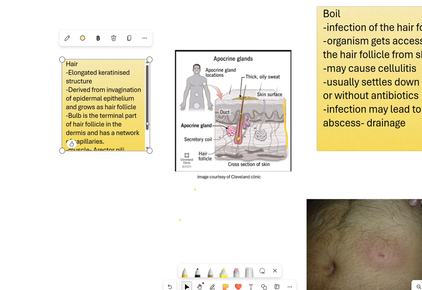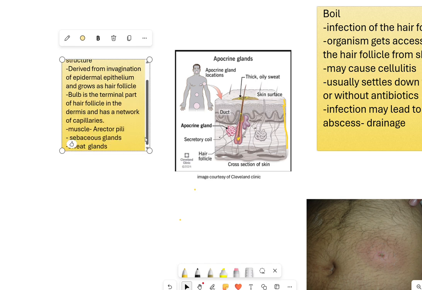Bulb is the terminal part of the hair follicle in the dermis, and it is a network of capillaries which nourishes the hair follicle. And the muscle attached to the hair shaft is known as arrector pili, and there are several glands like sebaceous glands and sweat glands which are nearby, which can be a part of the hair follicle.